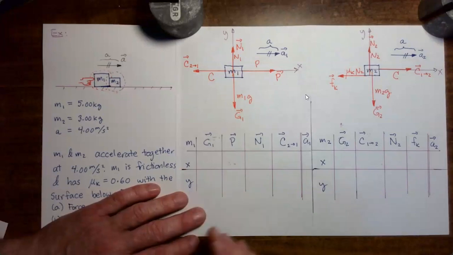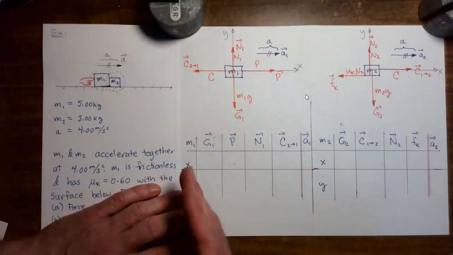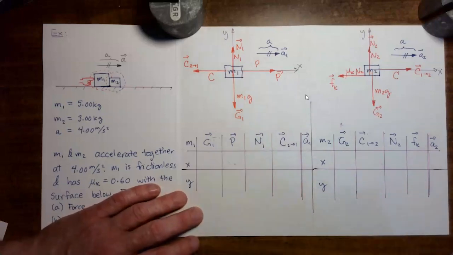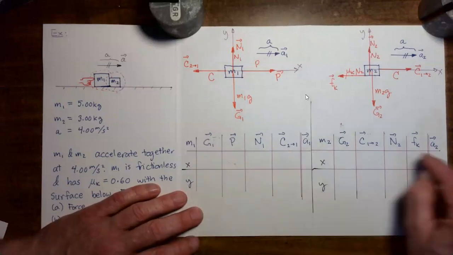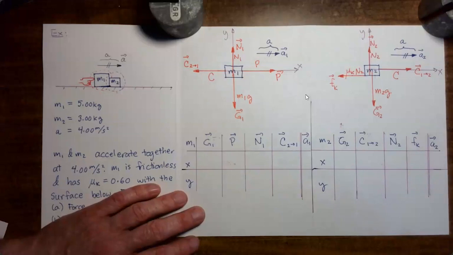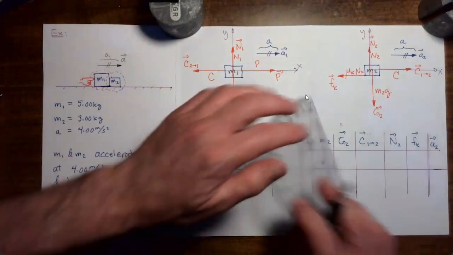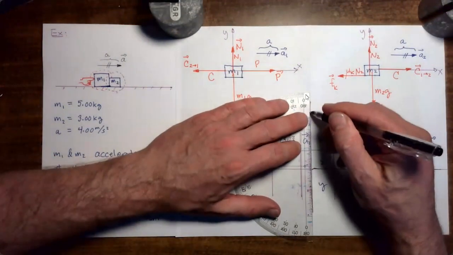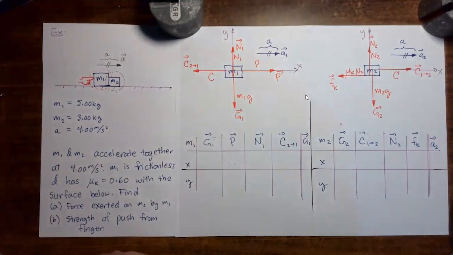So before I dive into filling the grids, just take a quick check at the template that I've laid out here and make sure that in your grids, you have all of the forces laid out and also the acceleration vectors as well. And also, because we're doing 2 separate masses, there should be 2 separate grids. So I should emphasize these are 2 different grids, maybe squashed together a little bit more than they should be.